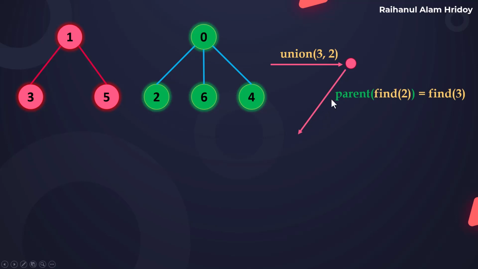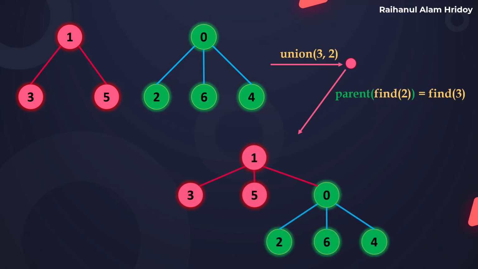Here you can see we have added the first node's representative as the parent of the second node's representative. Second node is 2. So our final tree will look like this. We could have also added 2 as 3's parent. That would also be okay, as I said before.